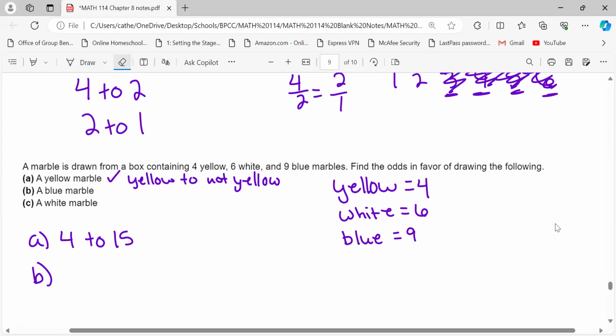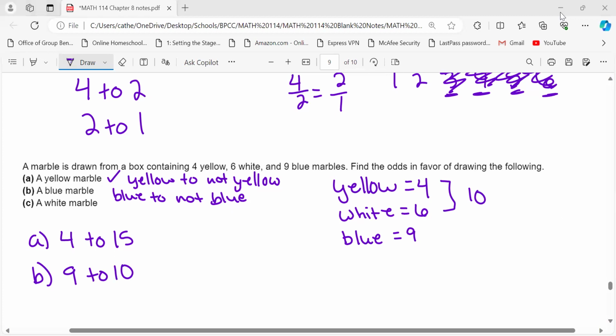So we have a blue marble. What are the odds in favor of drawing a blue? So that's a ratio of blue to not blue. We have 9 blue. The ones that are not blue are yellow and white, which is going to be 10. So that is a ratio of 9 to 10.